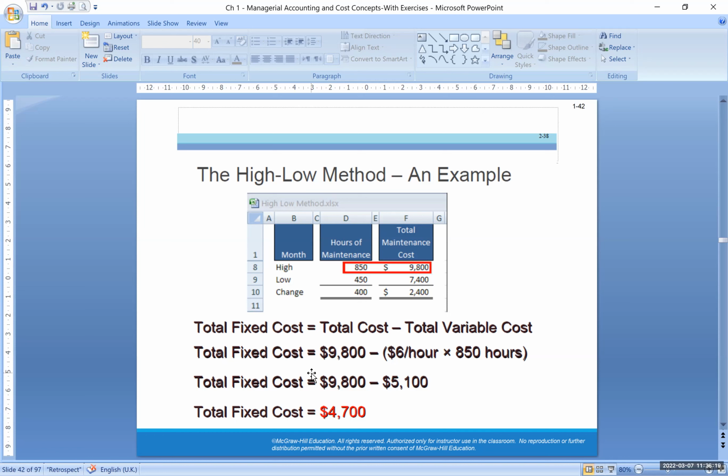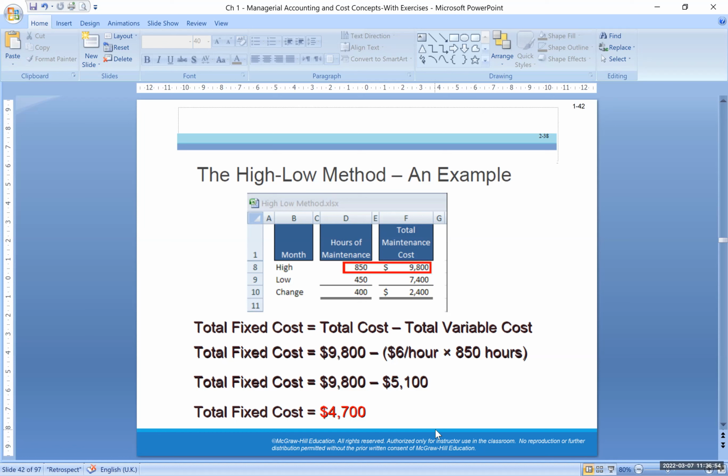The fixed cost is missing until now, so we need to calculate the fixed cost from the equation. Plus, the total variable cost means the variable cost per 1 unit multiplied by the level of activity. We just calculated the variable cost per 1 unit, which is $6 per 1 hour, multiplied by the level related to the highest level, which is 850 hours. Okay, so 6 times 850 equals 5,100.